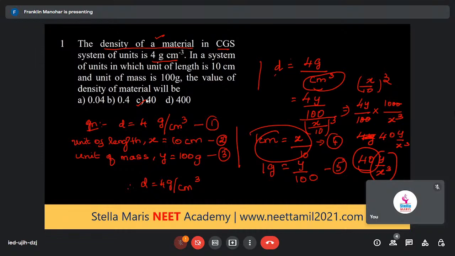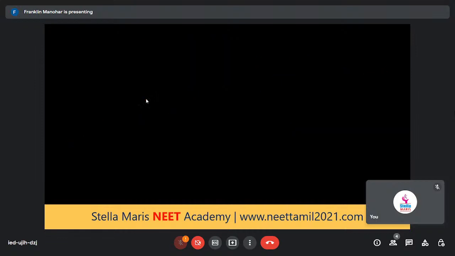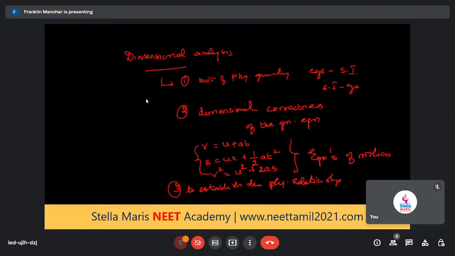Okay, sir. So this is one of the model questions regarding the density of a material. Questions like this will come based on the dimensional formula and dimensional analysis.